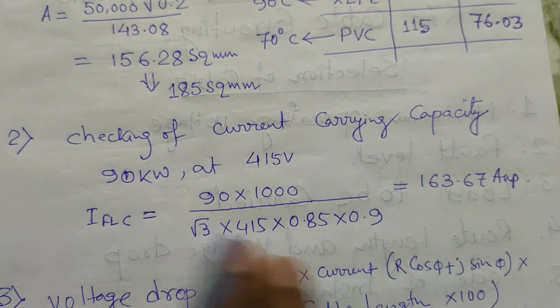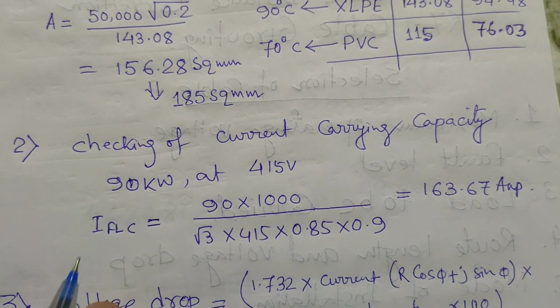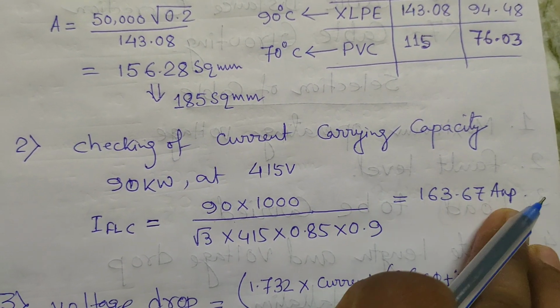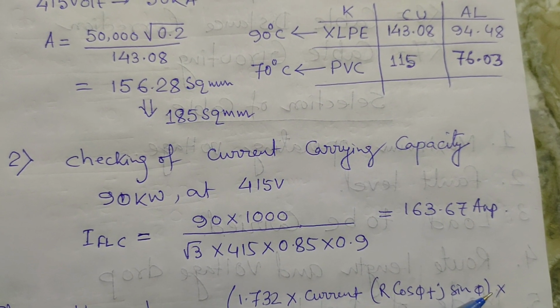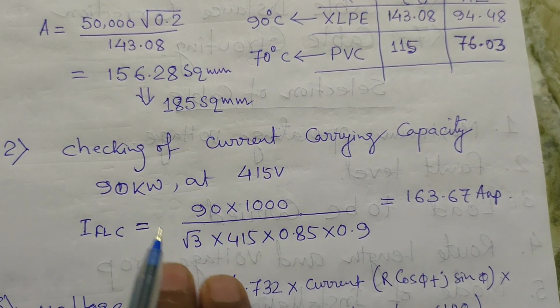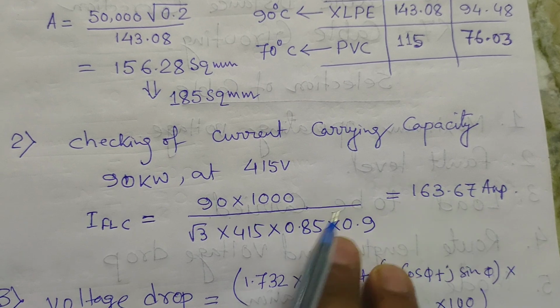From the list given by the manufacturers, by calculating the current or the load, you can easily identify which cable cross sectional area is suitable for flowing this amount of current.